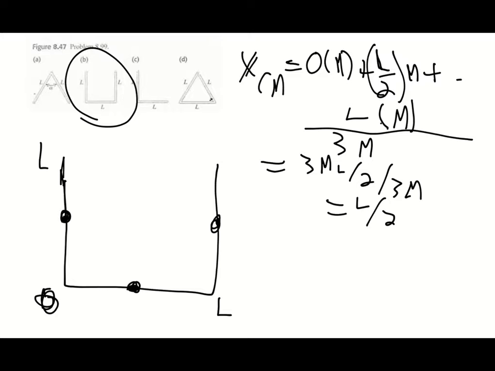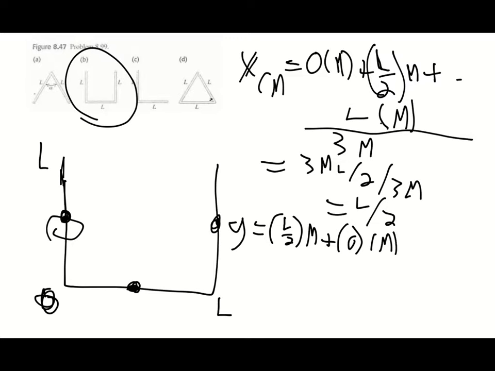Our y center of mass is going to be a little more interesting. It's going to be L over 2 times m. Plus, that's this one here. Okay. Plus 0 times m. That's this point here. Plus L over 2 times m. That's this point here.